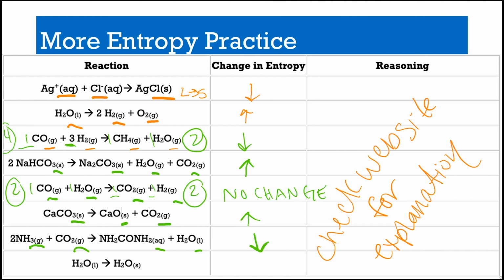And lastly, a liquid to a solid means you are going to decrease, because the phase change is liquid to solid, and we all know that solids have the least amount of entropy.